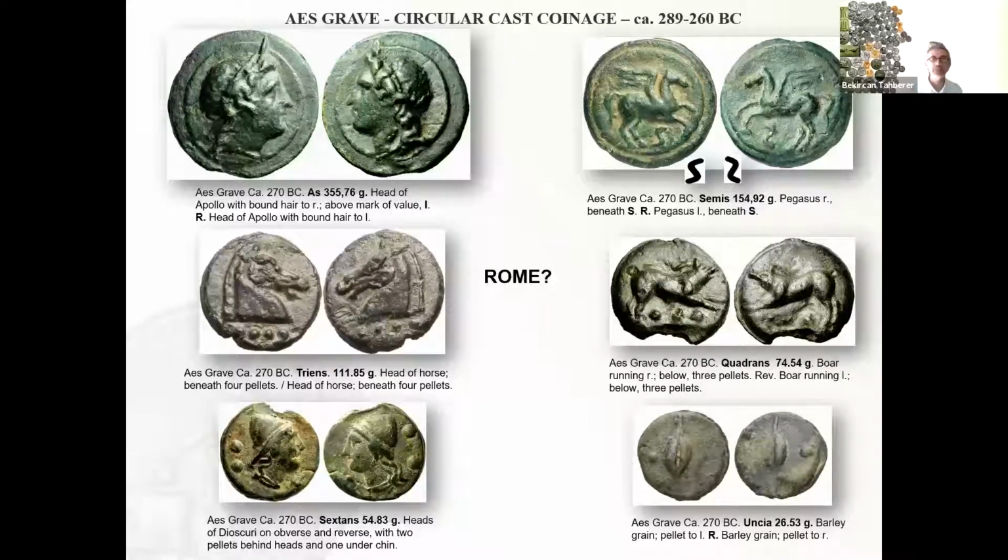And from the beginning, we see that Romans took this seriously, and there was the discipline to create types for each denomination. As had a certain type, and semis had a different type. So this was very well structured from the beginning.